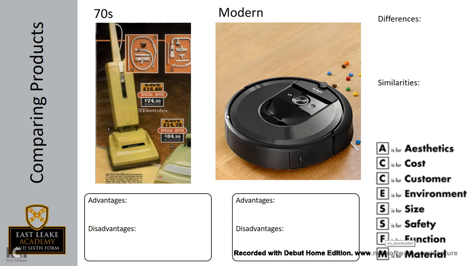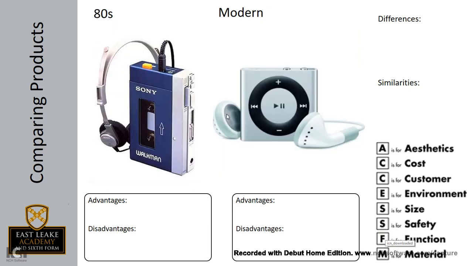I could go on. We also spoke about the Sony Walkman versus the modern iPod Shuffle type of thing. This one, great bit of kit for its day. Personal stereo, first time people had personal music on the move.